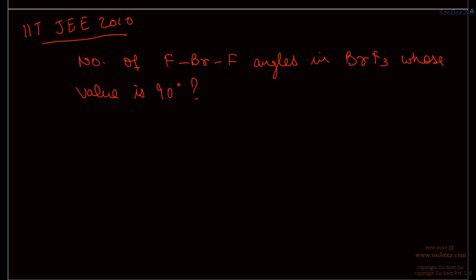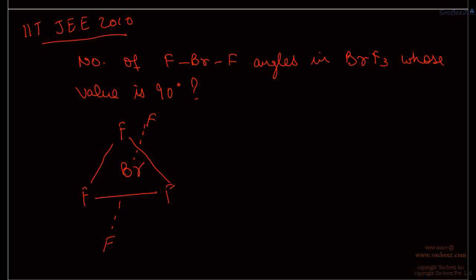Since BrF5 is there, one thing can come to your mind, the structure of BrF5 as Br with 3 fluorines in the plane, and then 1 F above the plane and 1 F below the plane.